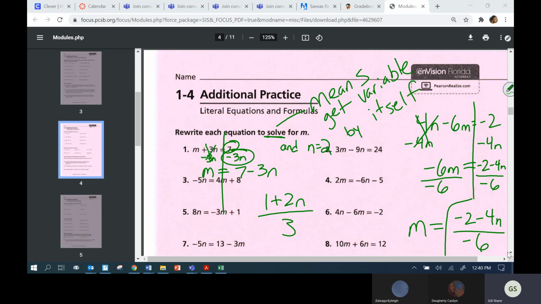So again, pretty good chance this would be a multiple choice. If you can figure out which answer matches up, like I might give you versions of this, like 2 plus n over 3 or something like that. If you can figure out that that's not the right answer, then you'll be fine. And I'll give you a few other versions.